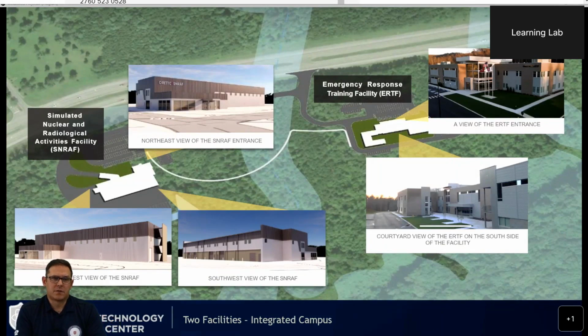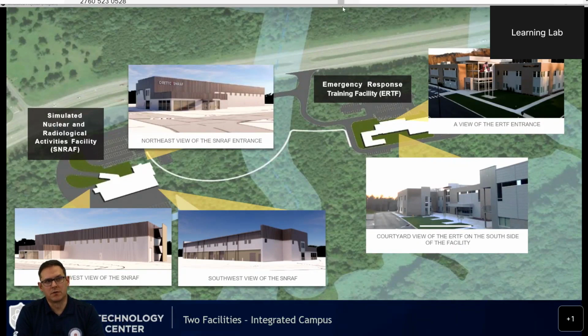The state facility is more of your classroom space. It's a low hazard space where we leverage simulations. And the second facility will be more of the industrial laboratory space. We'll have mock processes where you can take what you learn in the classroom, what you've practiced in simulations, and put that into realistic exercises at a larger scale.